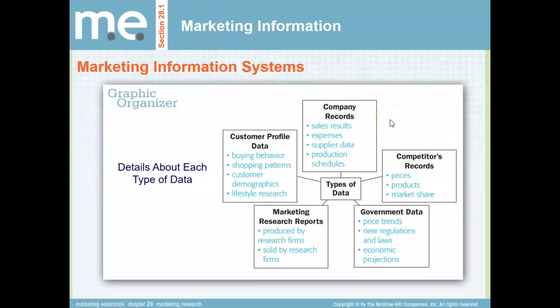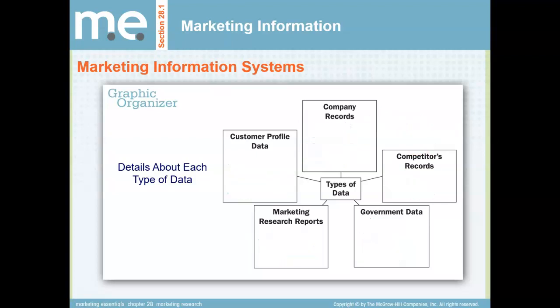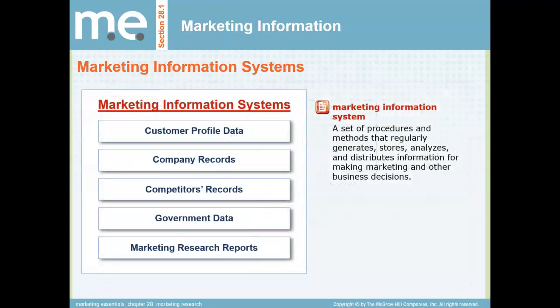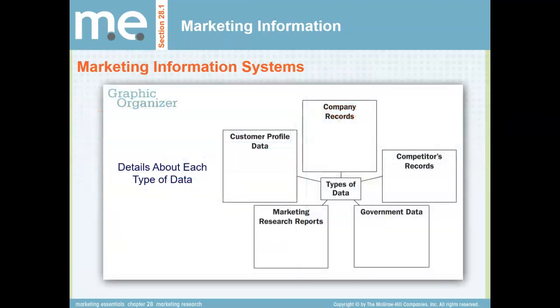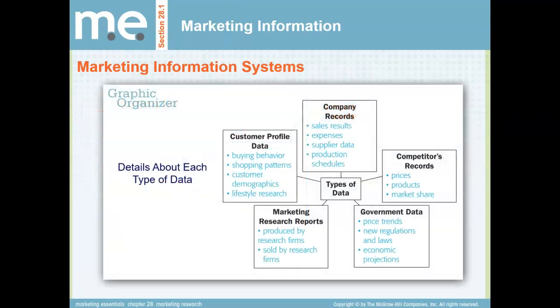So each type of data, and this is breaking down into further detail, our data from our marketing information systems here. So this is details about each type of data piece, right? So starting at the top, company records would include things like sales results, expenses, supplier data, production schedules, and so forth.